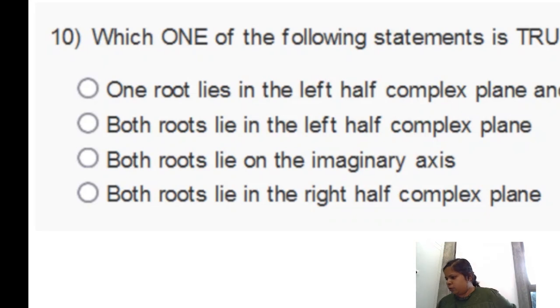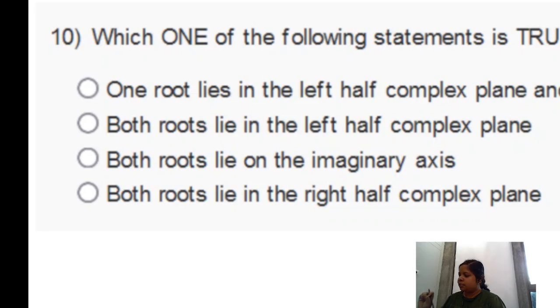So this is also a very simple question. You just have to find the roots of the equation and tell me which of the statements is correct. Let me tell you what the complex plane is. I am always talking about the S plane, S being the parameter. In the S plane you have real parts here, imaginary part here.